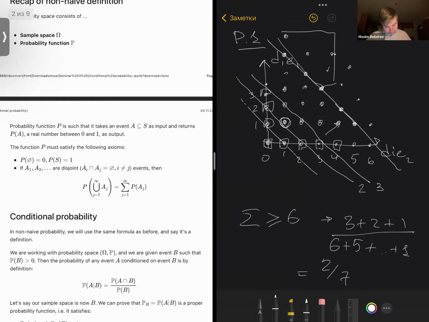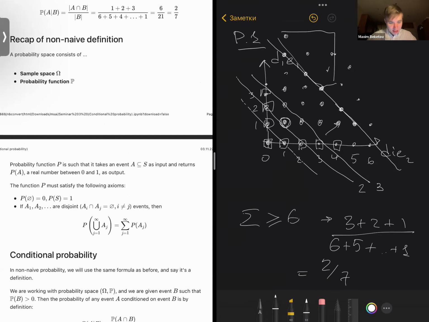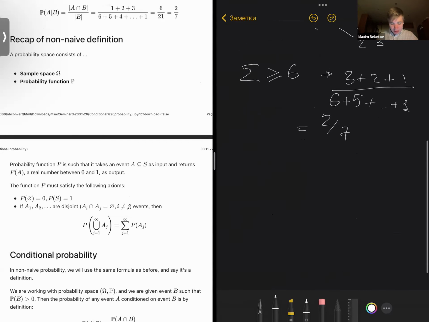Okay, and yeah, now we are done with the dice. Let's have a look at more involved things. So if we want to define probability in a non-naive fashion, then we are dealing with this abstract theory that we have the sample space and we have a function on the sample space, and it measures the probability of an event, which is a subset of the sample space, right?